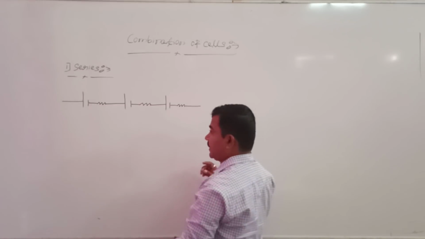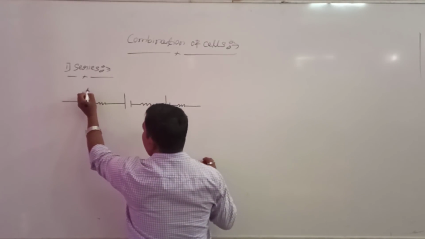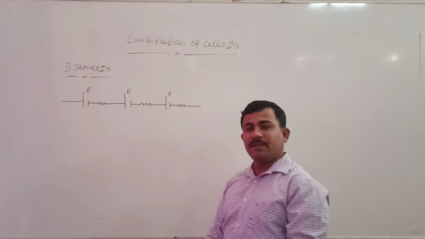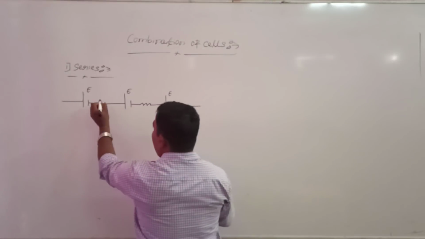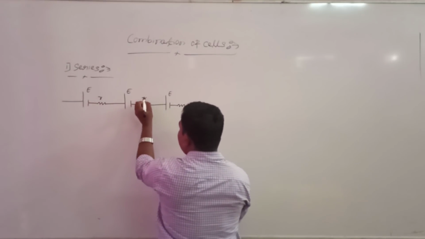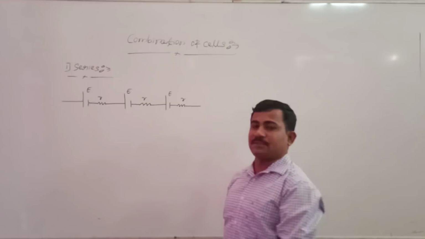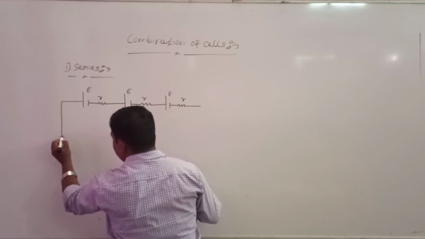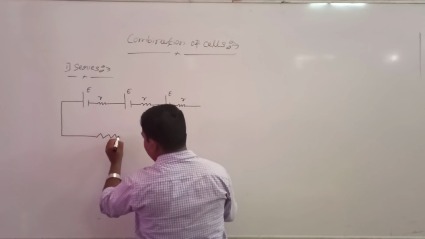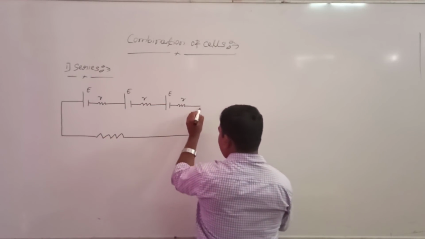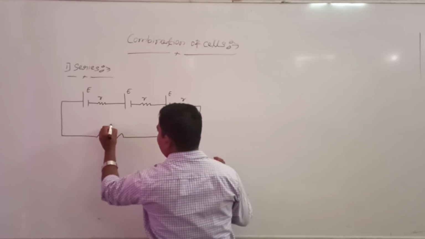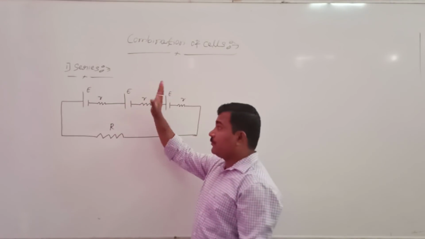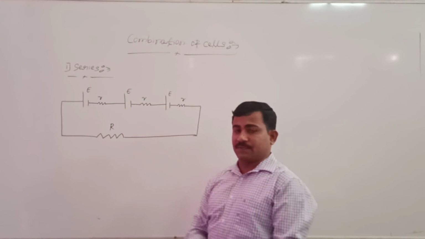Let us consider, students, that each cell has equal EMF and equal internal resistance, and this combination is connected to an external resistor. This is the external resistor, R value can be taken.